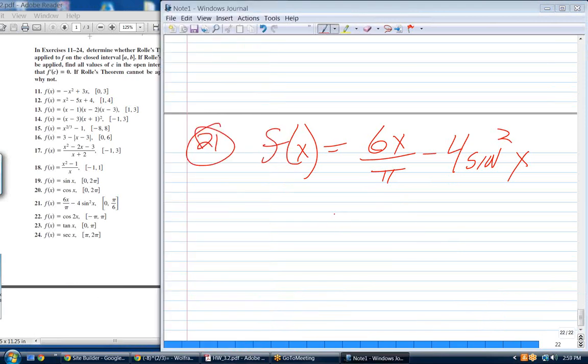So if we differentiate this, what do we get? 6 over pi minus 8 sine x cosine x? Yes.